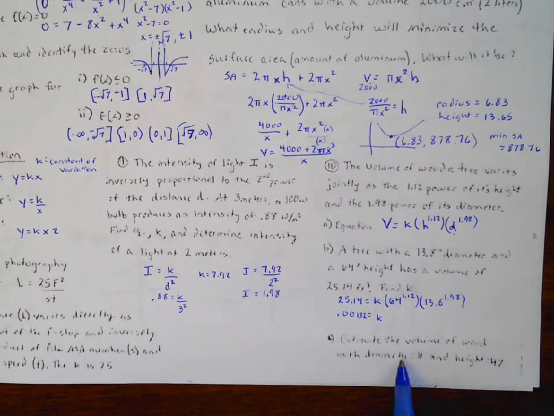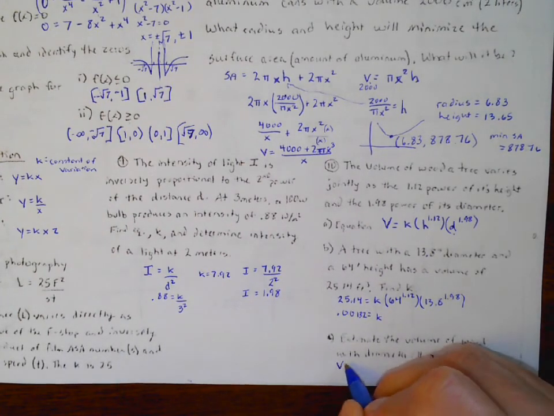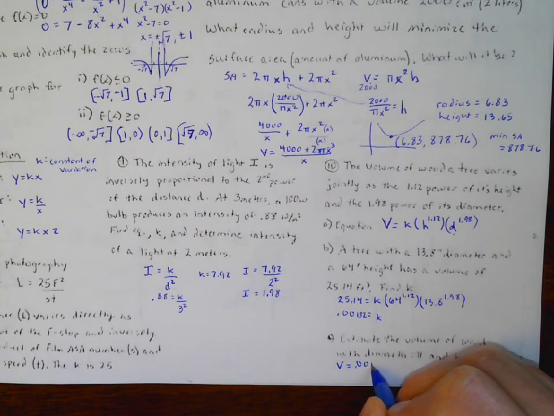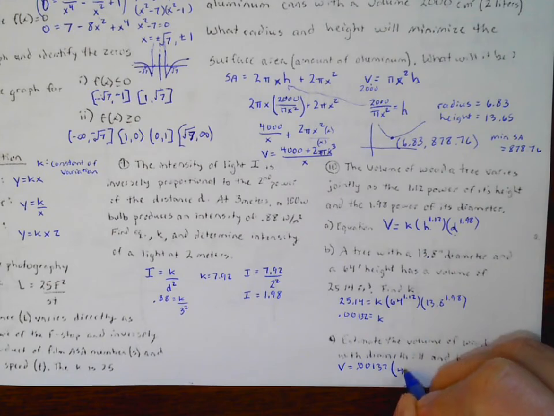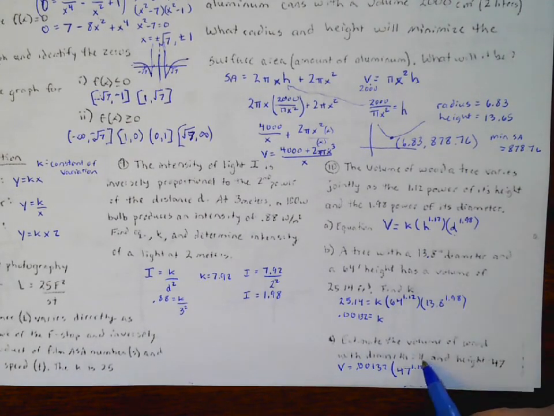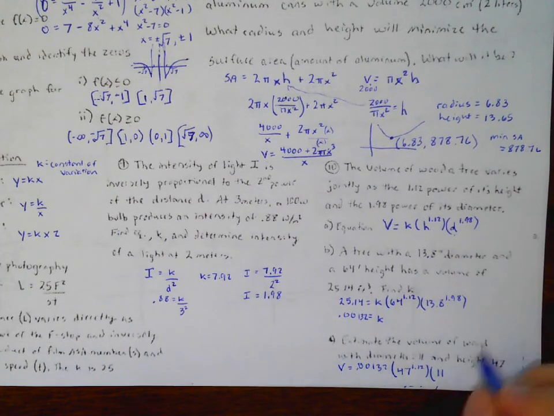Okay, now last one. Estimate the volume of wood with a diameter of 11 and a height of 47. So I know my volume is going to equal our k, which we said was 0.00132, times the height, which we said was 47, to the 1.12, and diameter was 11, raised to the 1.98.